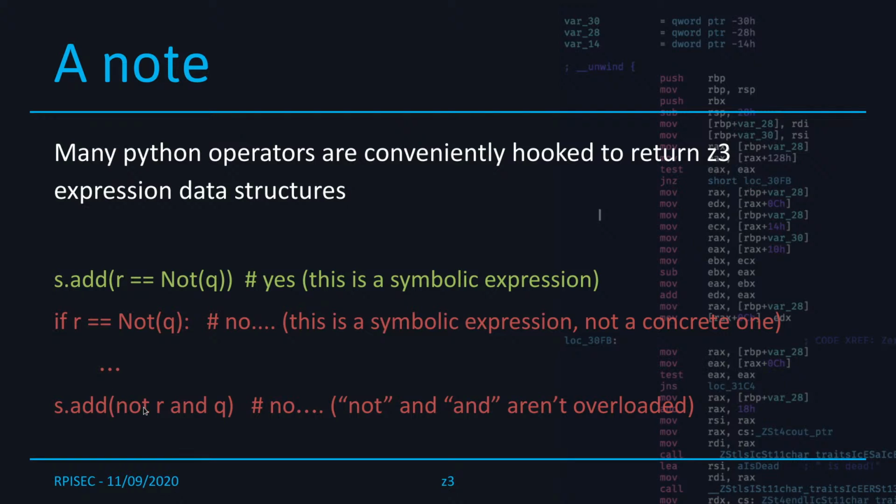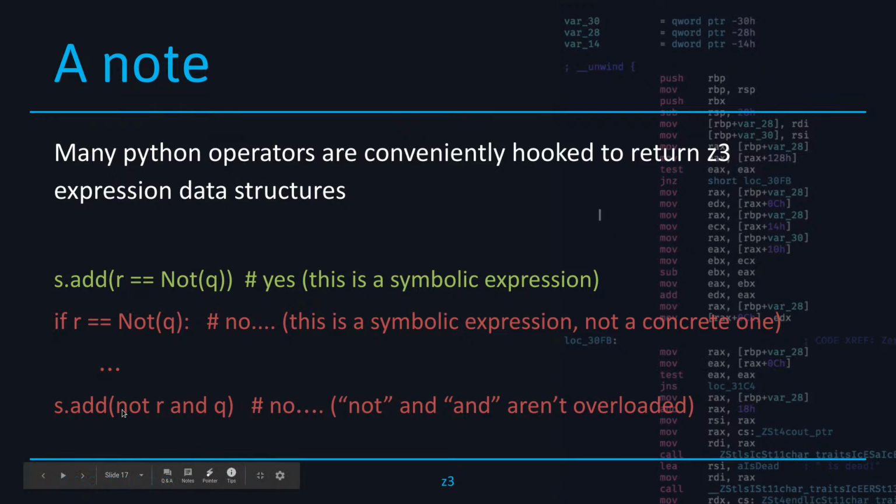And also, not all Python syntax carries over to Z3. So we can see up here, we're able to say r is exactly equal to not q. And that's a nice, convenient way of doing it. However, in Python, when you want to combine expressions, you can use the and keyword, or the or keyword, or the not keyword to indicate that you want to invert an expression. However, you can't do that in Z3.